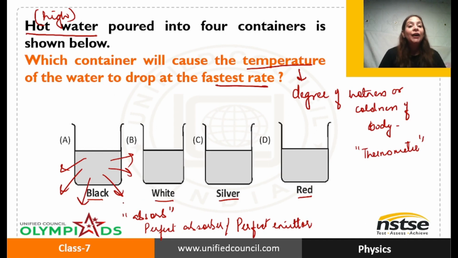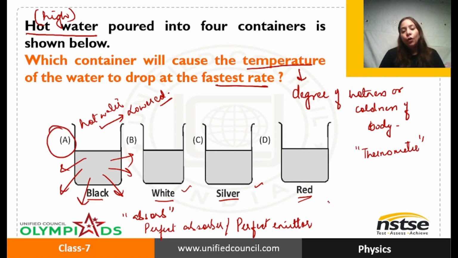Now if it is radiating heat into the surroundings, obviously hot water after some time will cool, or you can say the temperature will get lowered. So it is seen that the heat radiated to the surroundings is much more by black as compared to these light colors, white, silver or red. That is the reason the temperature of the water will drop at the fastest rate in beaker A. Therefore, option A is the correct answer.